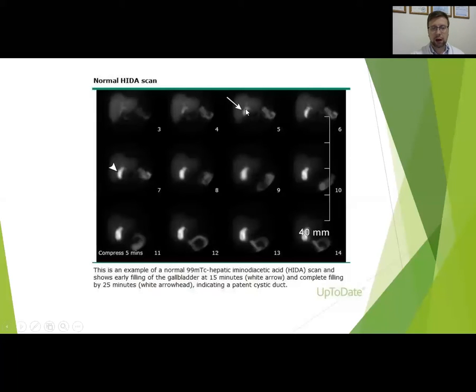We marked it with the white arrow, and complete filling by the 25th minute. Here you can see the white arrowhead indicating a patent cystic duct. This bright region is the gallbladder, and this darker region, but still gray, is the outline of the liver.